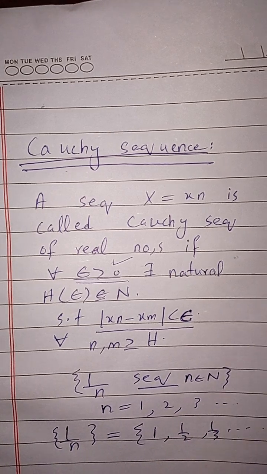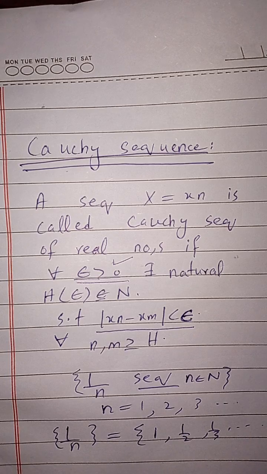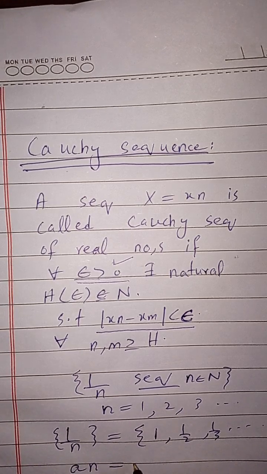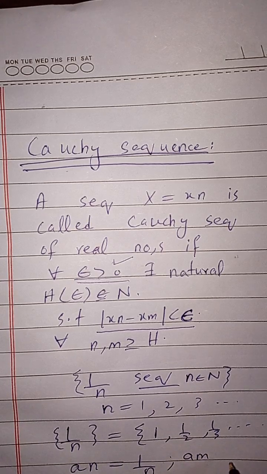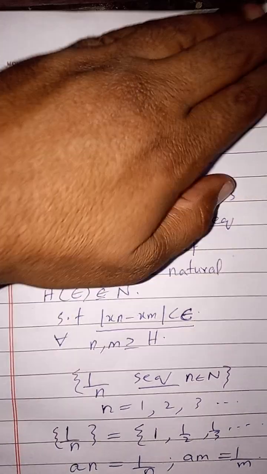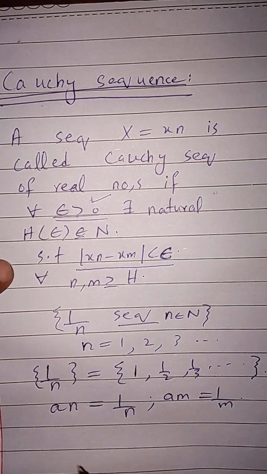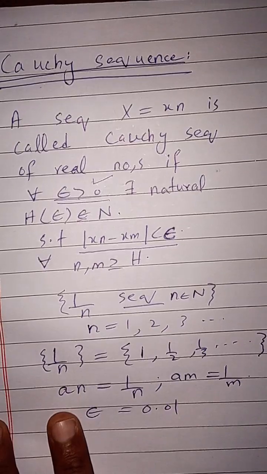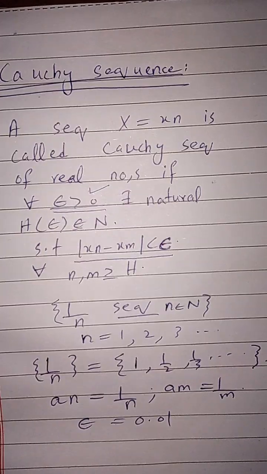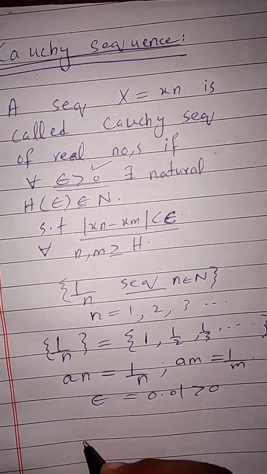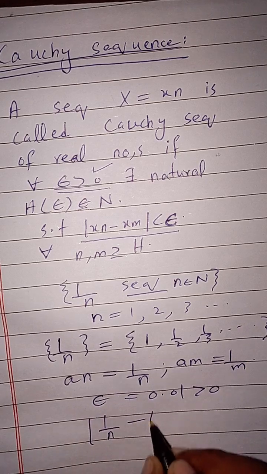Now let us take an equal to 1 over n and am equal to 1 over m, another term of the sequence, and let epsilon equal 0.01, which is greater than 0, because epsilon is an arbitrary number. Now we have to show how this definition works.